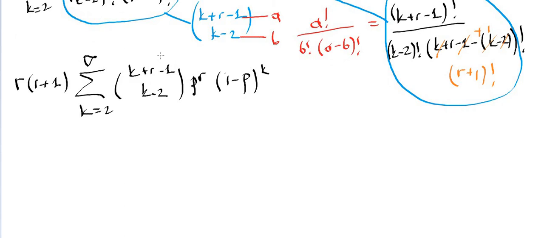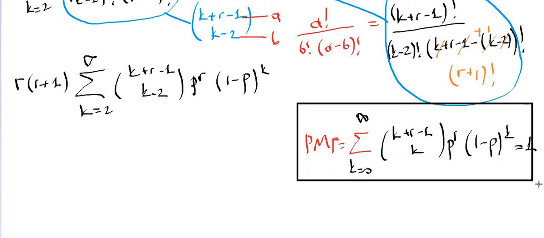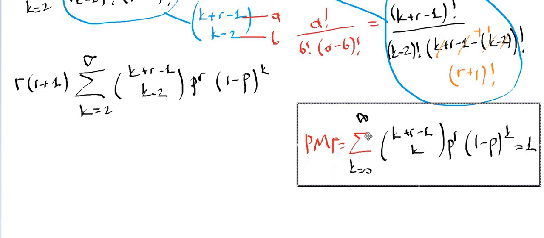Now we're going to make this look like our probability mass function, because we know that the probability mass function, k from 0 to infinity, k plus r minus 1 choose k, p to the r, 1 minus p to the k, is equal to 1, because this is the density function that is summing all possible outcomes.